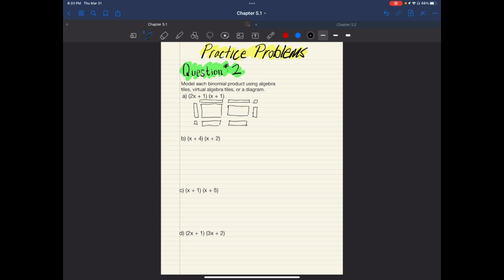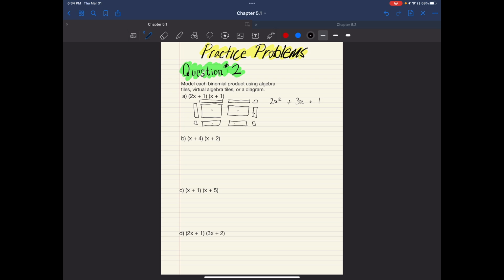And then it's going to give us a product like this. Now, if we count these, we should end up with 2x squared plus 3x here, here, and here, plus 1 here.